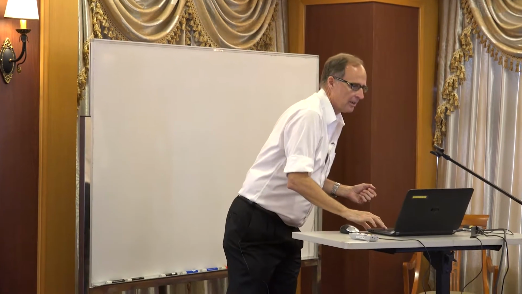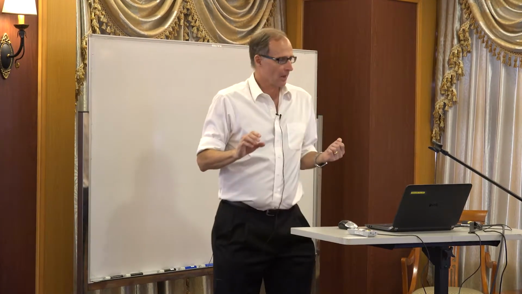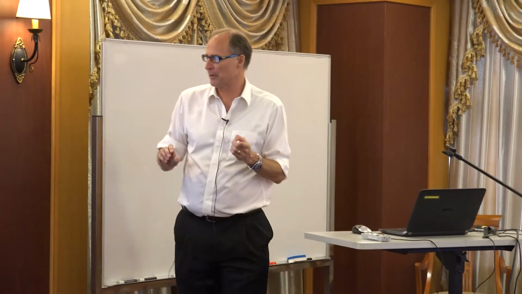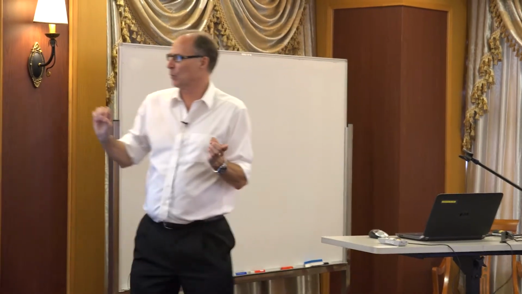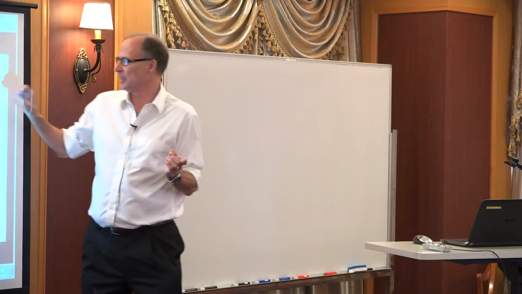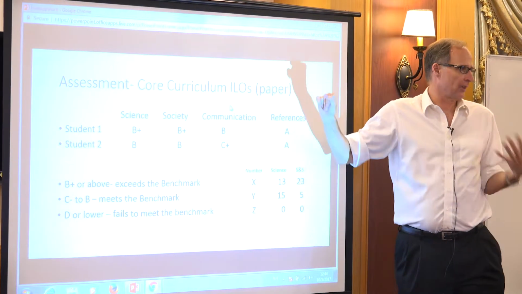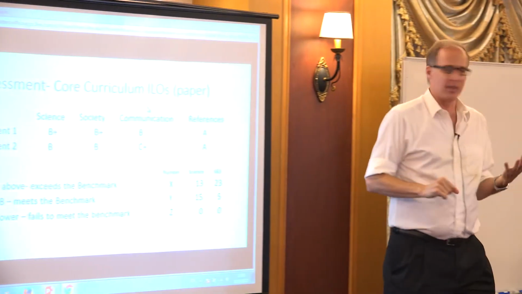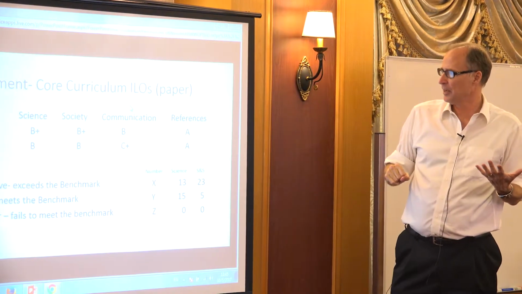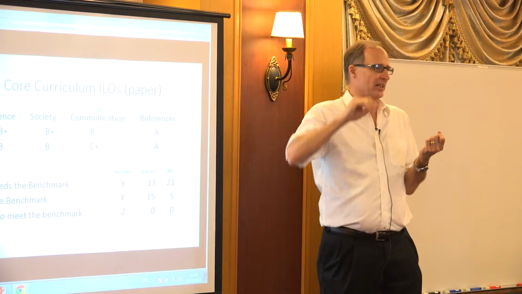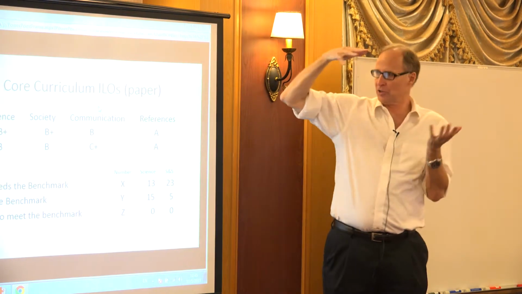And just as an aside, I think we can use this for assessment. One of the things we've been worried about in the science unit is how we are going to assess the core curriculum level, cluster level intended learning outcomes. One of the things we're trying is to say we have a benchmark that says they need to be able to discuss critical issues of science.